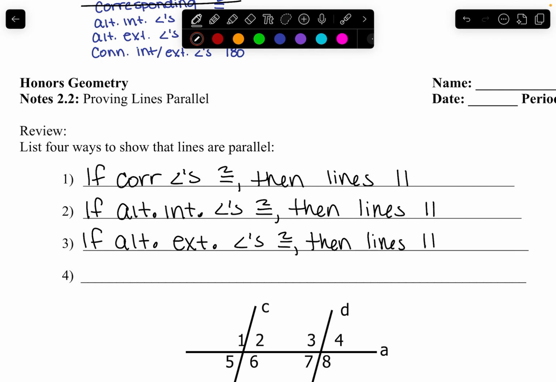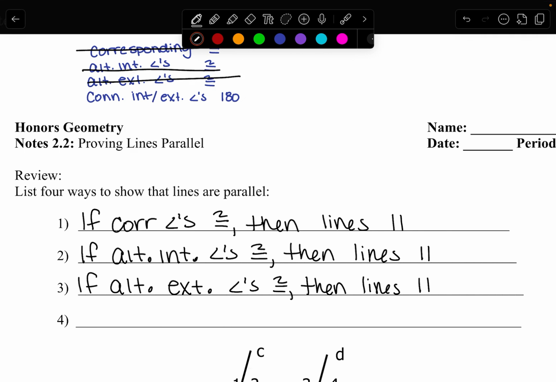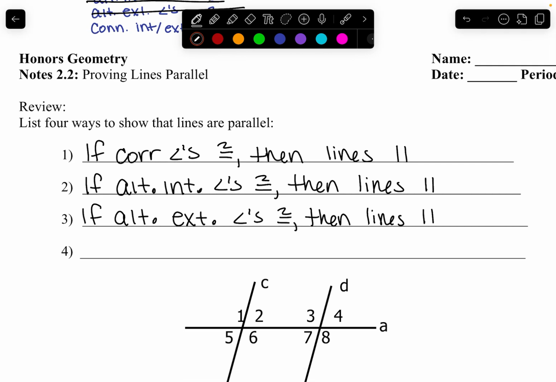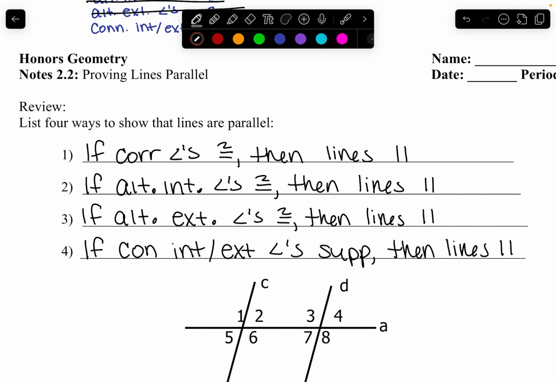And then our last option, we are combining our consecutive interior and our consecutive exterior. So if consecutive interior/exterior angles are congruent, no, Miss Olmsted. If these angles are supplementary, then lines are parallel, okay?